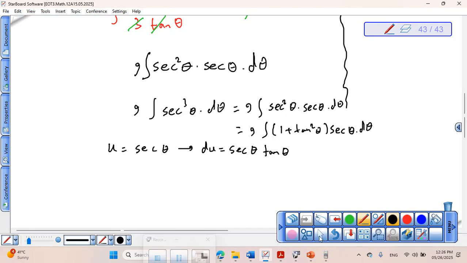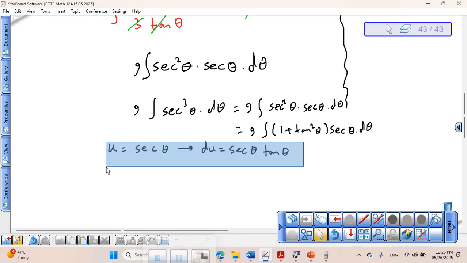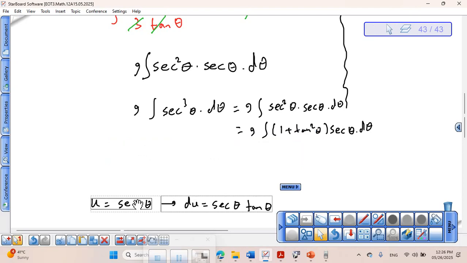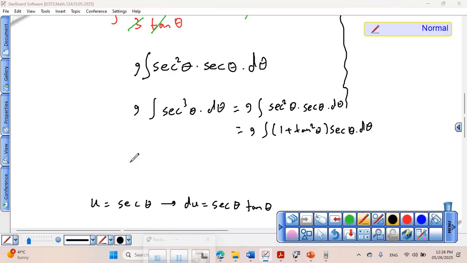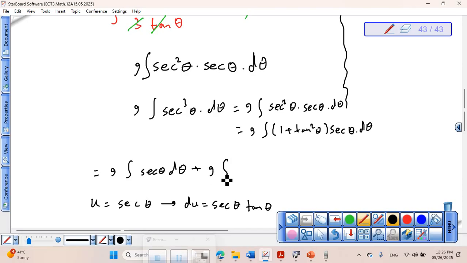So this equals 9 integral of sec theta d theta plus 9 integral of tan square theta times sec theta d theta.